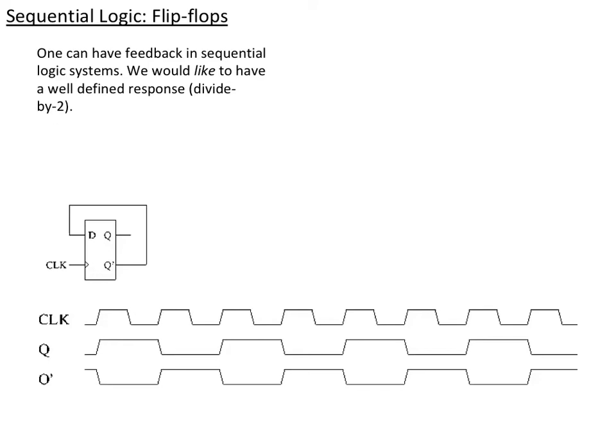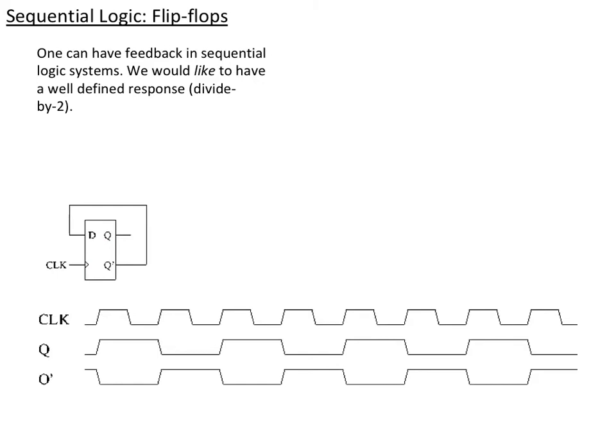Let's see what happens if we don't, and what we're going to have is a little bit of feedback in our D-type flip-flop. So here I'm taking Q bar and putting it into D, and what I expect to happen is on every clock cycle, I expect D to take on the opposite of what the state was previously. So if my state was 0, then I put out a 1 here, and I'll take 1 at the next clock cycle.